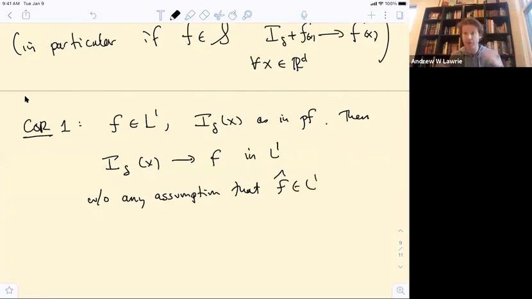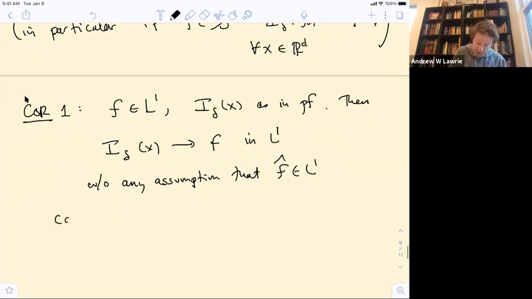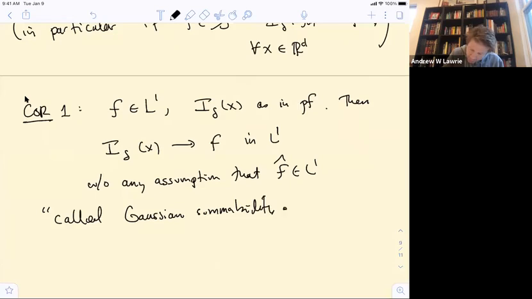So in the second part of the proof, we didn't use the fact that f hat was in L1, and this has a name. This is called the Gaussian summability of f hat to f.